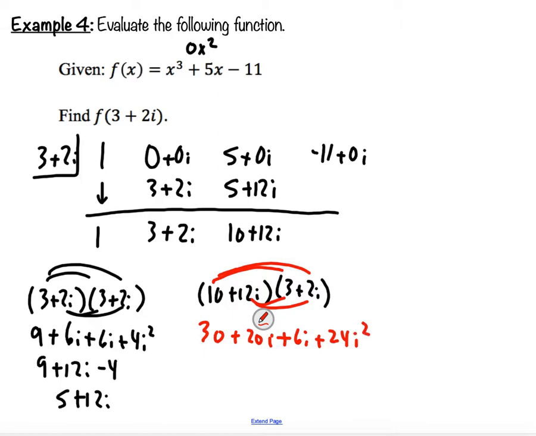So combine our like terms there. Remembering that i squared there is a -1, so -1 times 24 there is a -24. So combining 30 minus 24 there, we get 6.